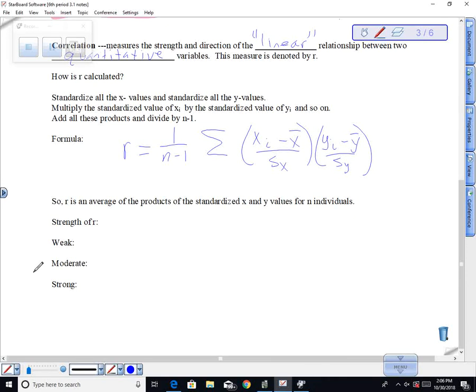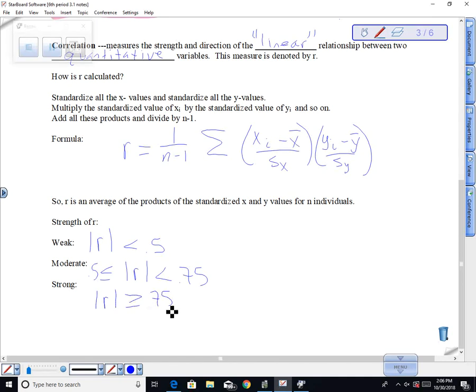The general rule of thumb is that if the absolute value of R is less than 0.5, we call it weak. If it's between 0.5 up to 0.75, we call it moderately strong. And if it's strong, that means it's greater than or equal to 0.75.